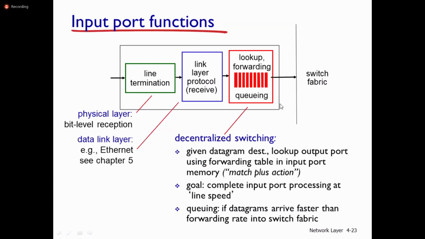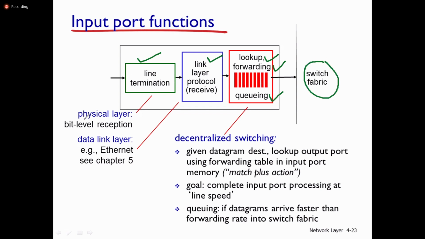We are going to see input port functions as well as output port functions. The input side consists of line termination, then link layer protocol, then lookup, forwarding and queuing, then the switch fabric.